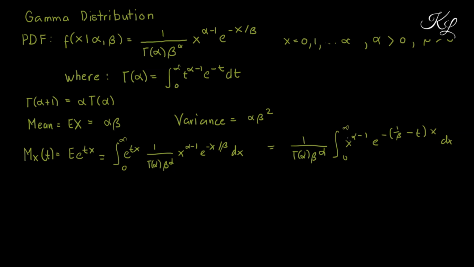Similar to our derivation of mean and variance, I want to make this term here to be similar to this one. But if you compare this one, here t is a constant, while here t is a variable. So it is safe to change this one to another variable, let's say into y.